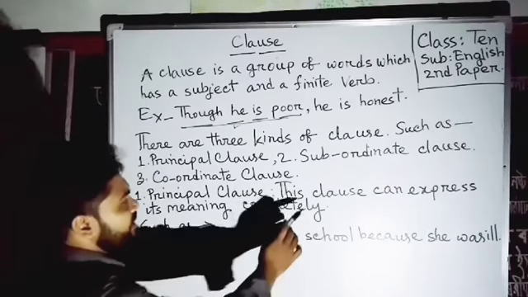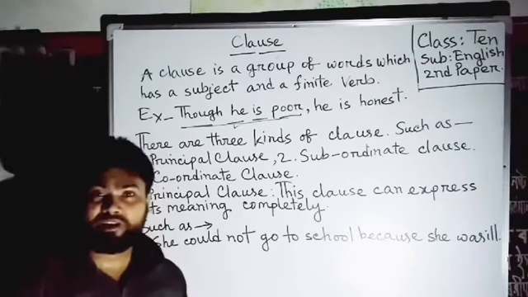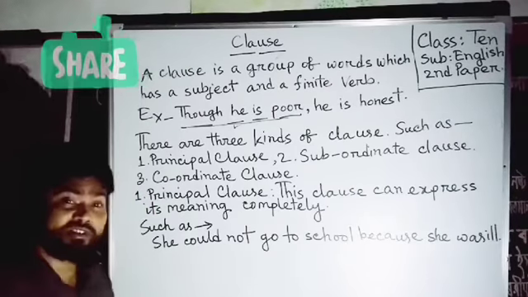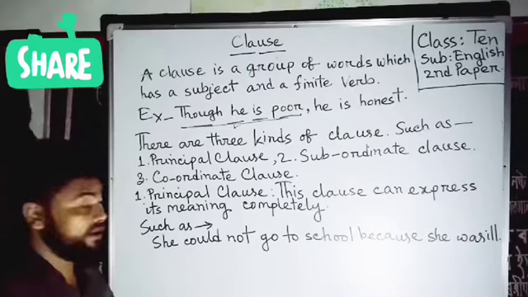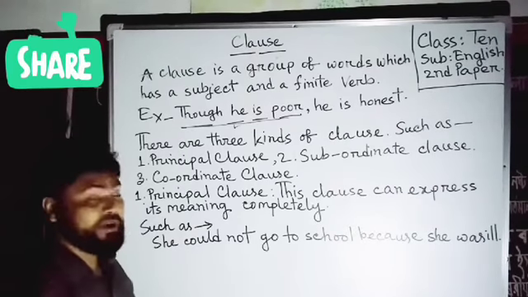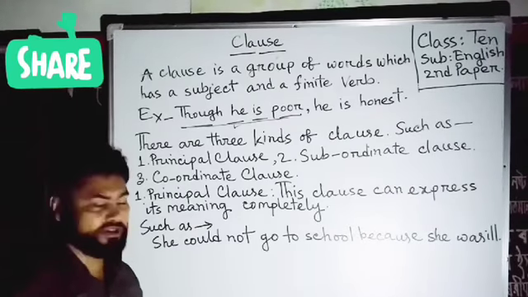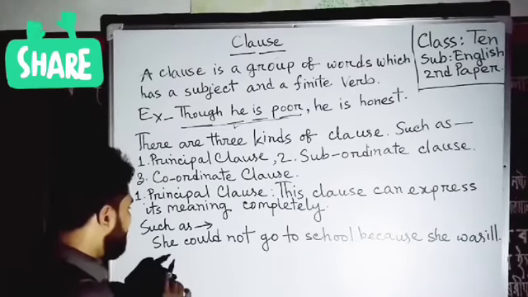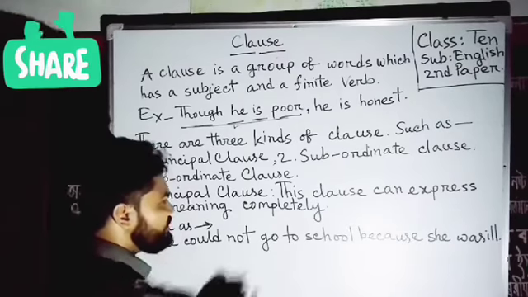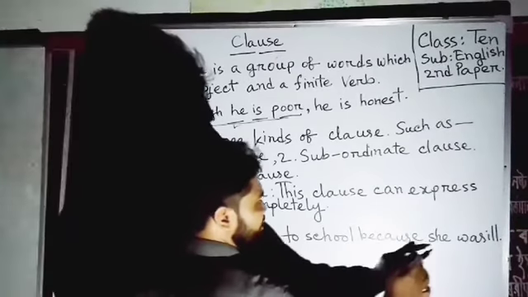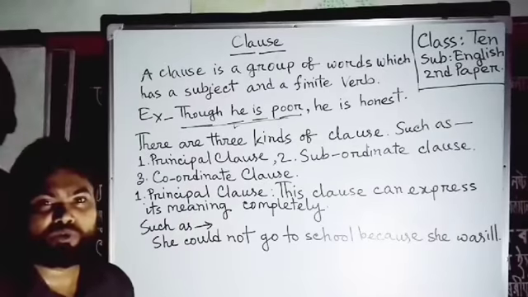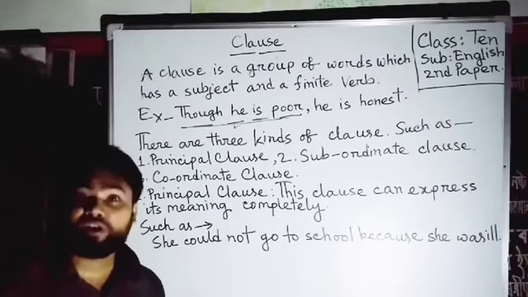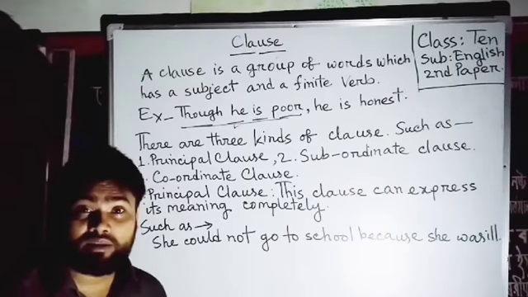This clause can express its meaning completely. Let's examine whether it can express its meaning clearly or not. So, you can see an example. She could not go to school because she was ill. So, why could she not go to school? Because she was ill.